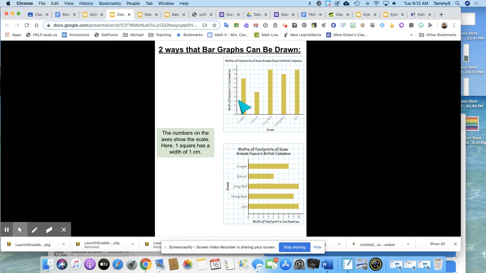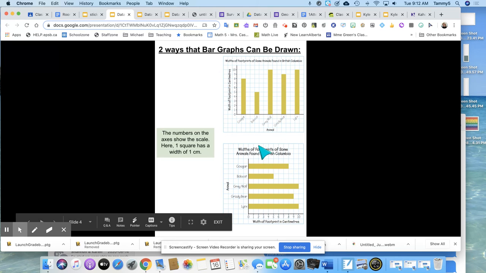This is actually the proper way of showing data, but you may see bar graphs looking like this, where you've got your manipulated variable on the y-axis and then the responding on the x.